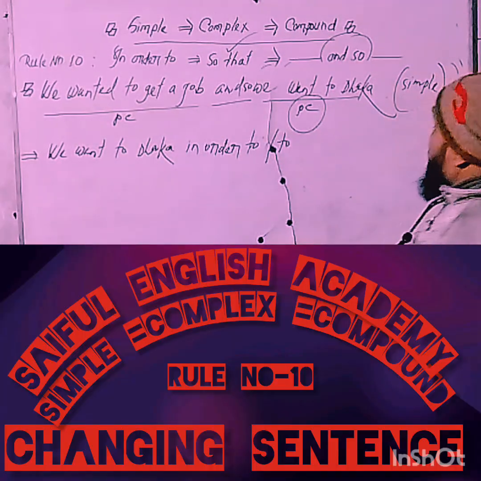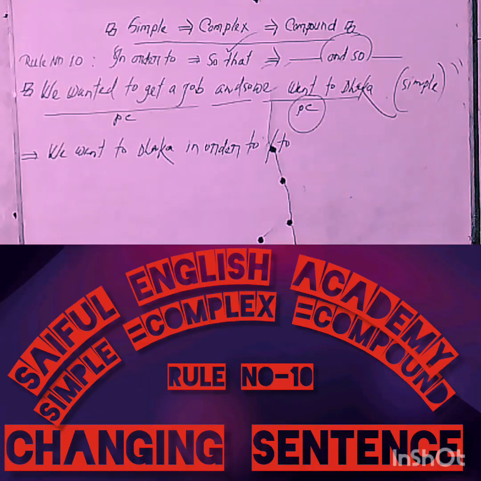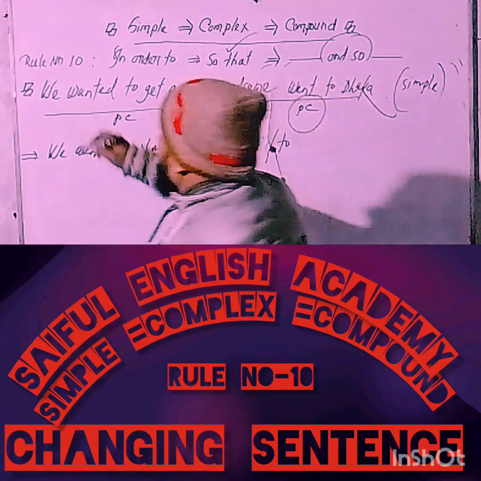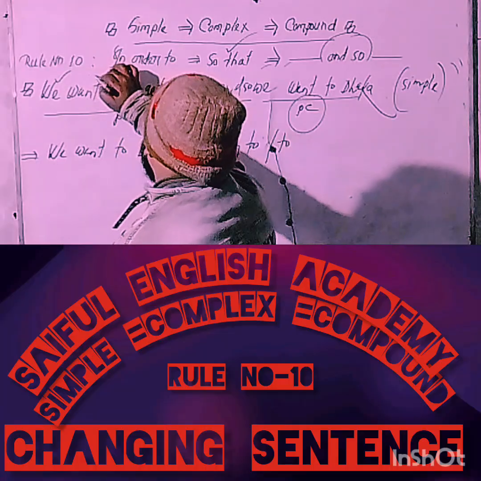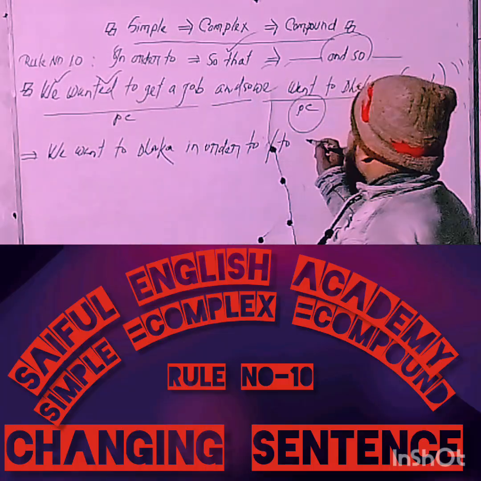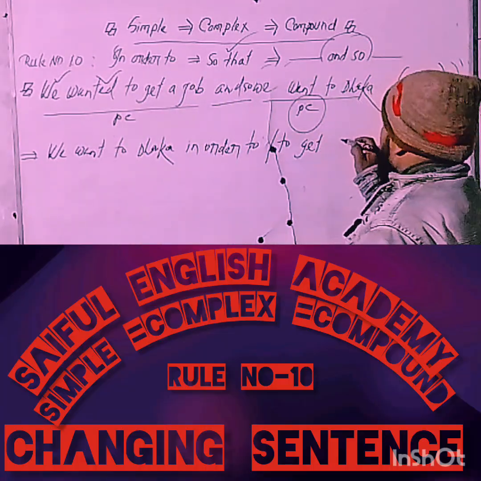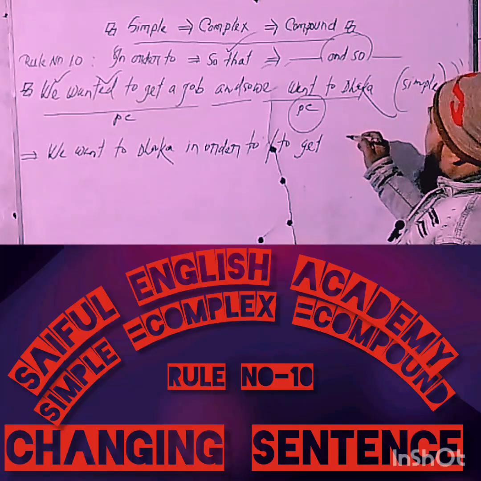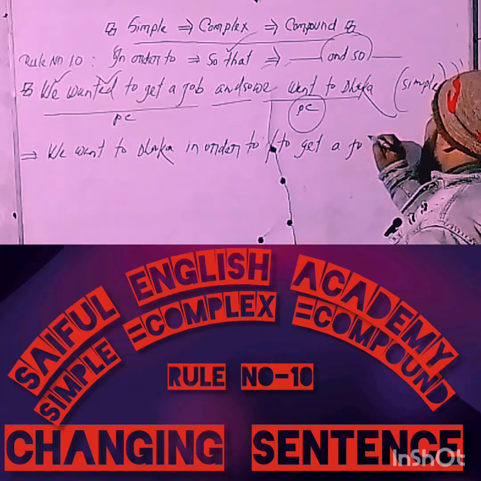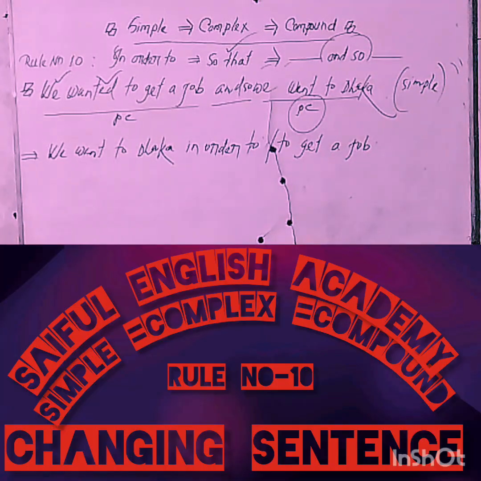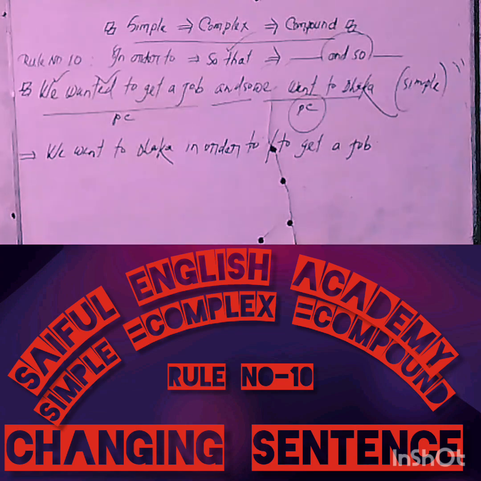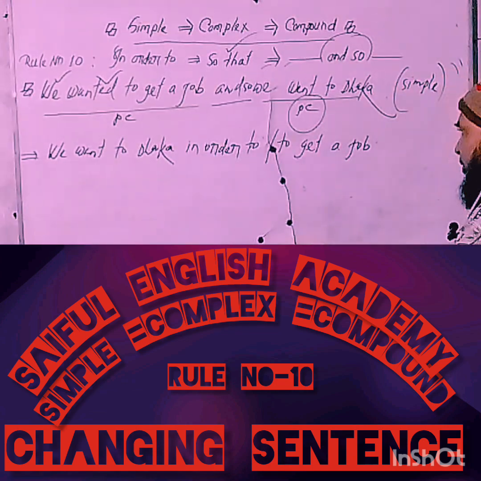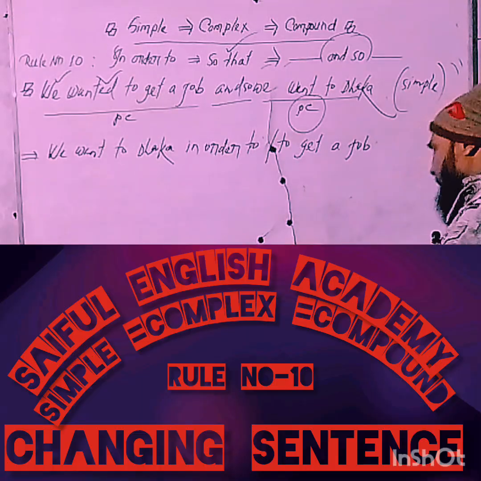Then you'll have to change the principal clause into a phrase, and for this you'll have to delete the subject and "wanted to". Then write the verb get, extension a job. Okay, my dear learners, already this sentence has been changed into a simple sentence. I hope that you have understood clearly.